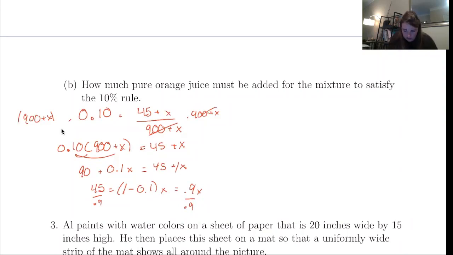And 45 is divisible by 9, so this should be, yeah, x equals 50 gallons. So x equals 50.